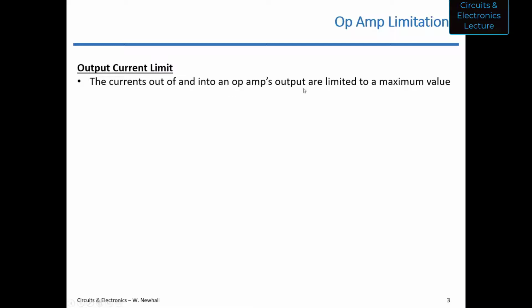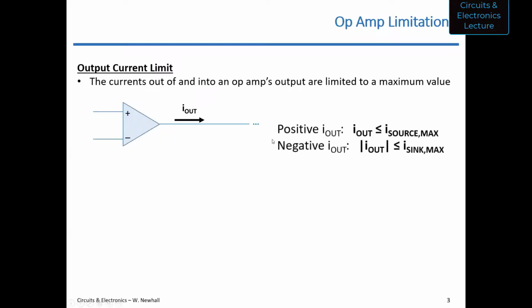But this current is limited to some maximum value. Drawing this on the symbol, this is what it looks like. You may have some big circuit around this op amp, but the current I out is limited to a maximum value. So for positive I out, I out is less than or equal to some value, right?